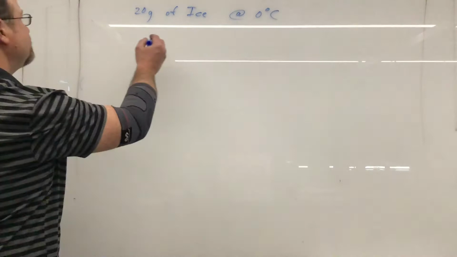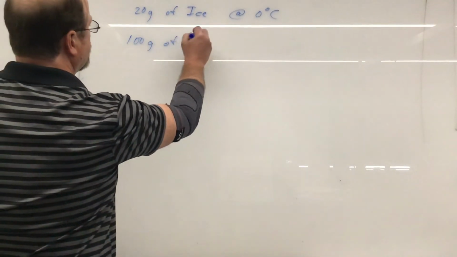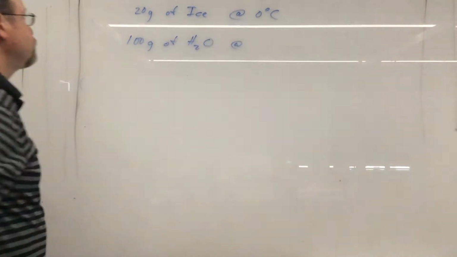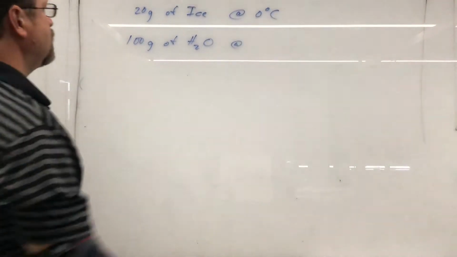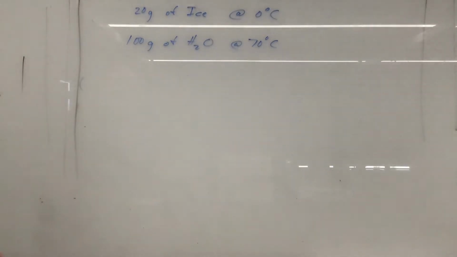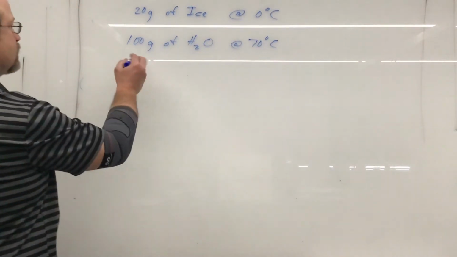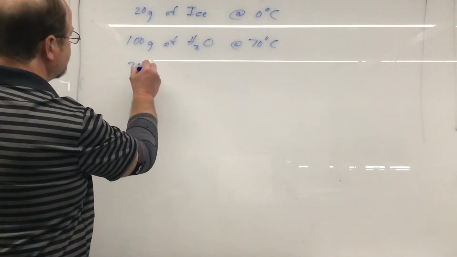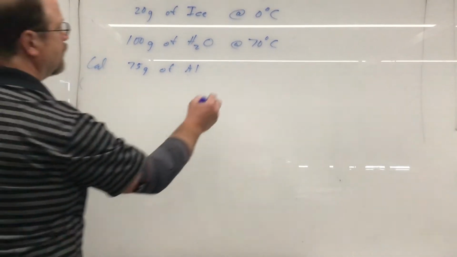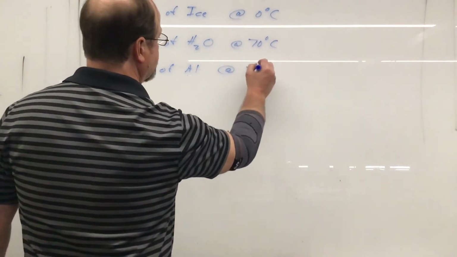I'm going to have 100 grams of water, put water at 70 degrees. And let's throw a chunk of metal in there too. Let's say we're going to deal with the calorimeter now. We're going to say we have our calorimeter, 75 grams of aluminum is our calorimeter. And that's at whatever the temperature of the water is, which is 70.